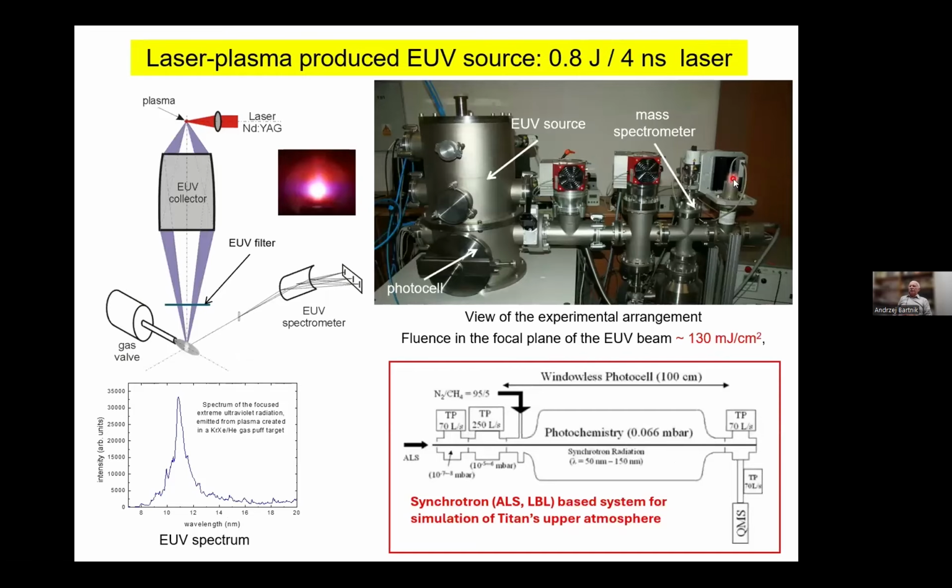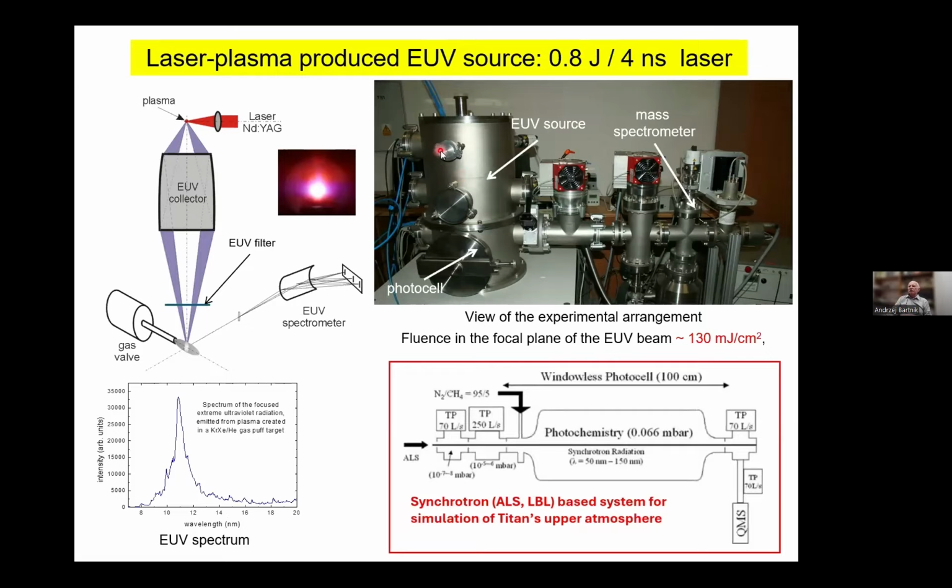Okay, and now let's go to our laboratory. We have several systems with laser-produced plasmas, which are in principle sources of EUV or soft X-ray radiation. This is one of such systems.